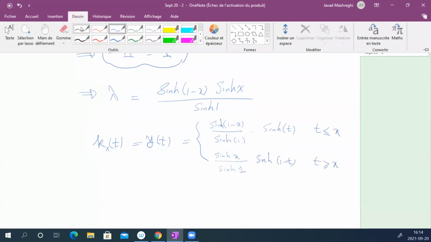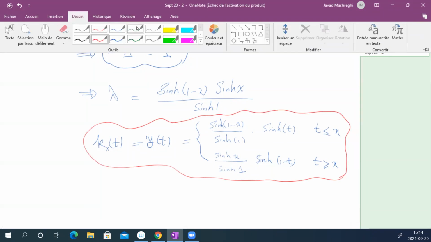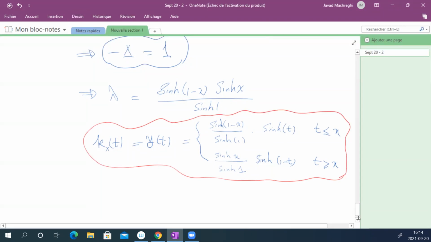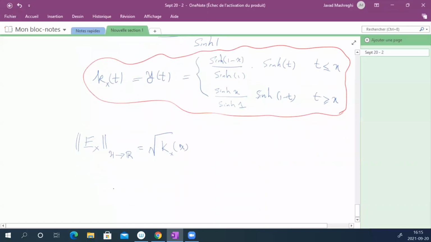This is our kernel. When we started the example, I believe nobody expected to arrive at such a formula at the end. And more interestingly, what is the norm of the evaluation functional, as a bounded operator from H to R? It's the root of K_x evaluated at the point x. Therefore, the norm of E_x is equal to either this one or the other one; at the point x, they coincide.